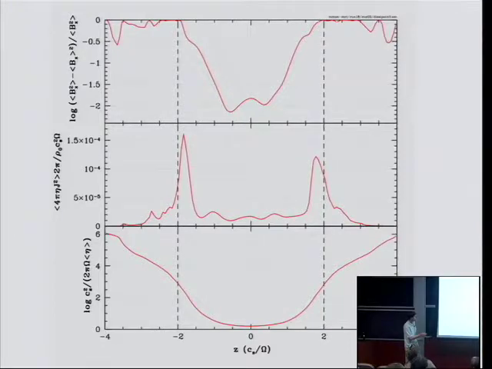Another way to look at what's going on with the magnetic field is to look at the dissipation rate due to the ohmic resistivity, and that peaks just inside the dead zone on both sides. There is a non-zero amount all the way through the interior, but this is where it peaks. So what's happening is turbulence carries magnetic fields across this boundary into the dead zone, and the fluctuating part is dissipating in here. And then you can see at the bottom here the diffusion time scale in units of the orbital period.